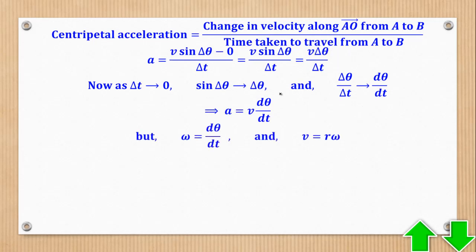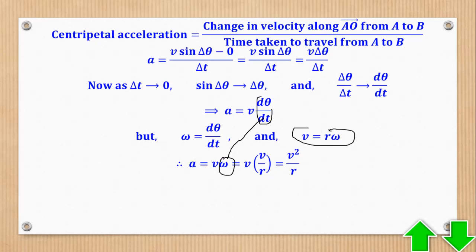But we know that d theta dt is equal to angular velocity, and also v is equal to r omega. So first of all, I substitute for d theta dt to give me v omega. Then I remember that if I want to express acceleration in terms of v and r, I have to remove the omega. So omega will be v over r, which is here.